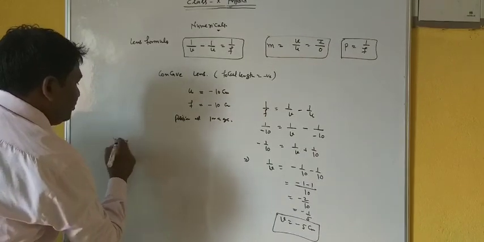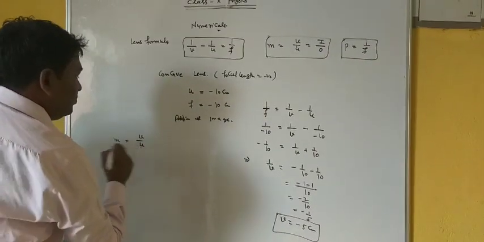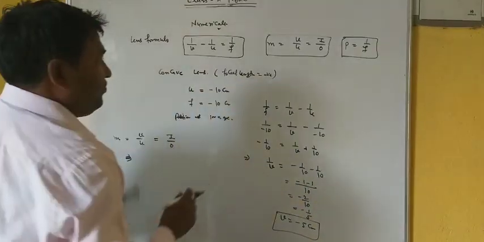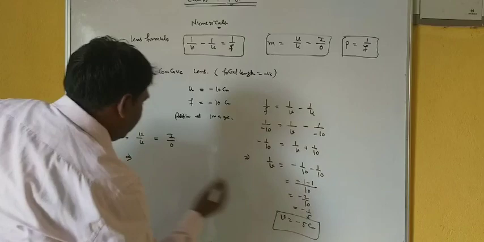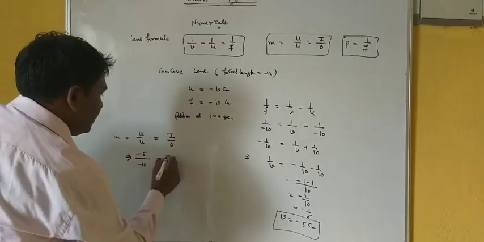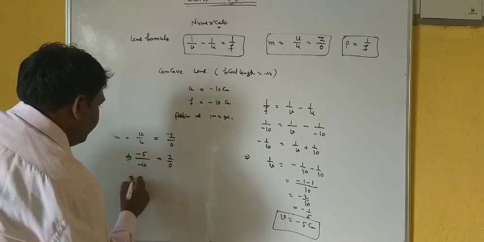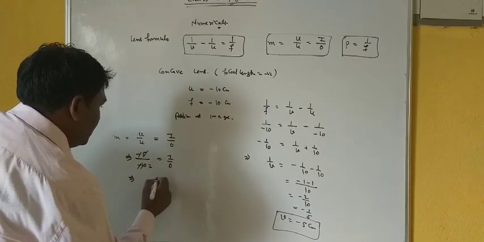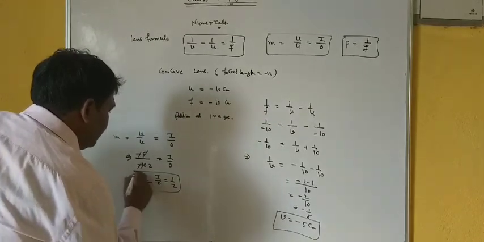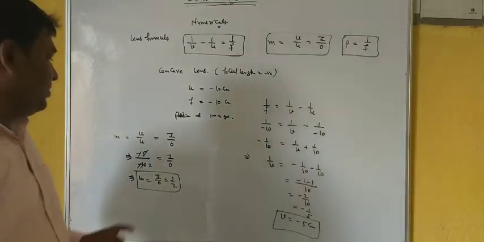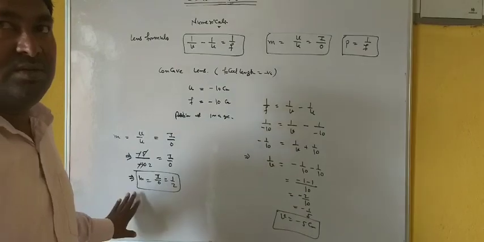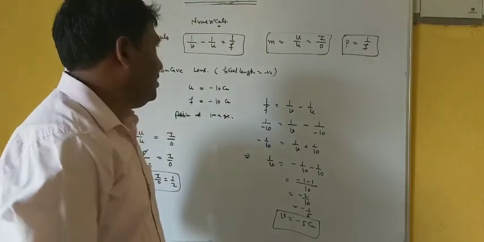Magnification is equal to V by U, which is equal to I by O. V is minus 5 and U is minus 10, so I by O is equal to 1 by 2. This is M. So your image will be half of the object. This is the answer of this question. Now next question.